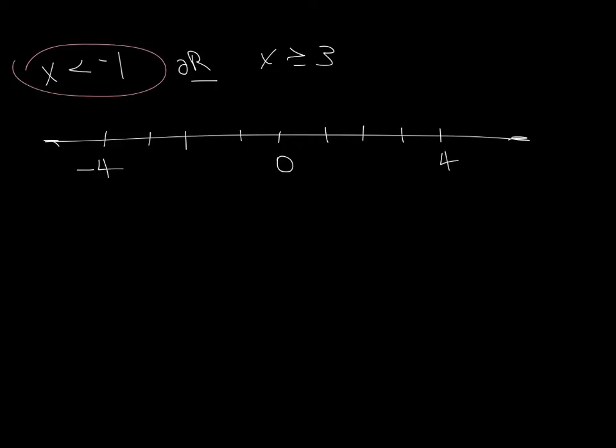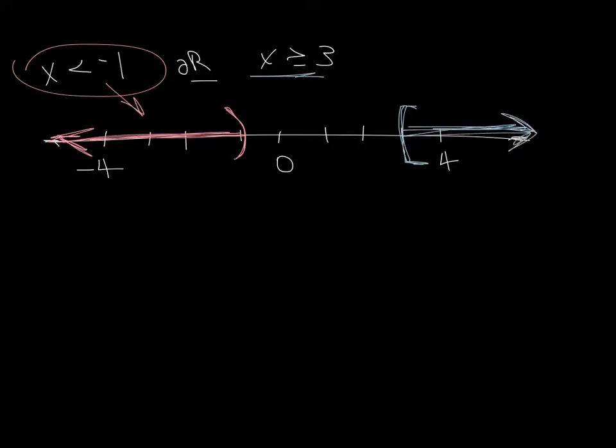It does not include -1, so it would be round, and it's less than. So I would get an answer here for that. And if I'm looking at this one, I would start at 1, 2, 3 and be boxed because it does include 3. It's greater than or equal to, and because it's greater, it's this way.